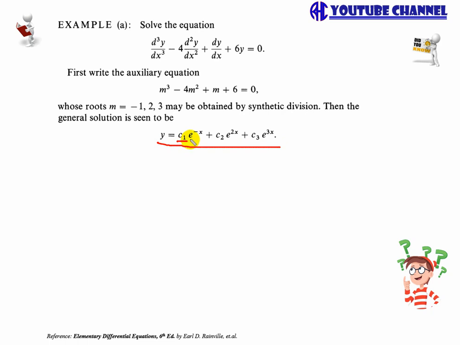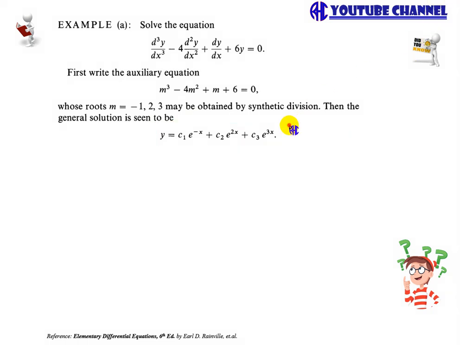C1 times e raised to negative 1 times x, which is negative x, plus C2 e raised to the root 2, that is 2x, plus C3 times e raised to the root 3, that is 3x. So this is our general solution. That is one example of distinct roots.